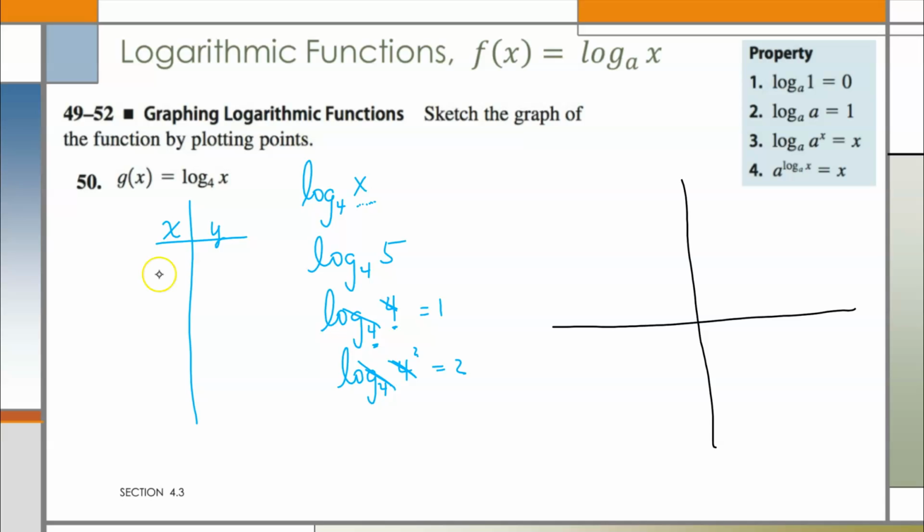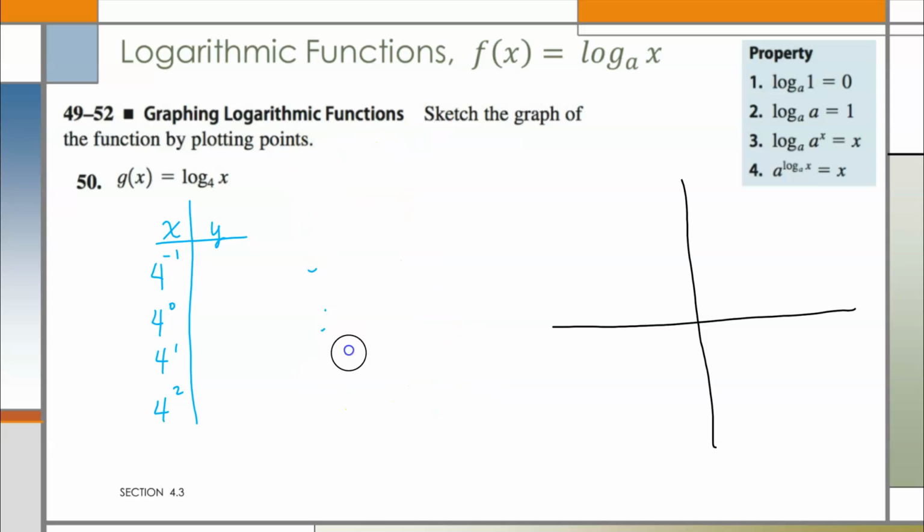So my usual here is 4 to the negative 1. That's what I'm going to plug in. 4 to the 0, 4 to the first, and we probably don't need 4 squared, but let's just list it just in case.